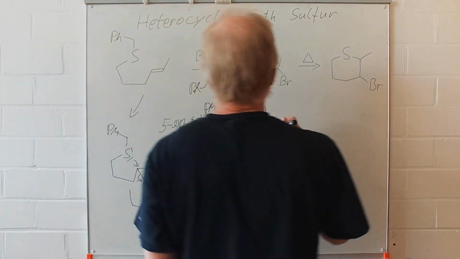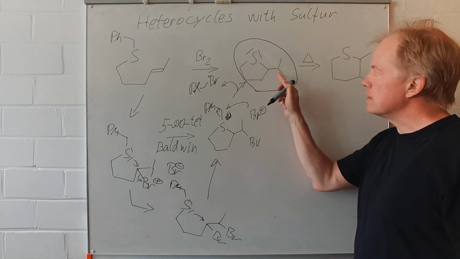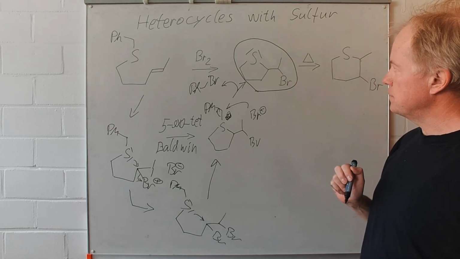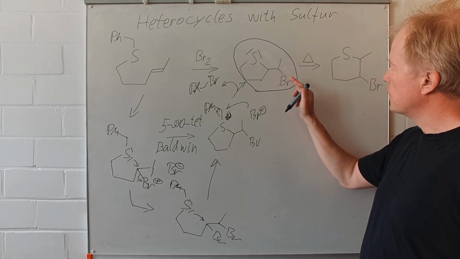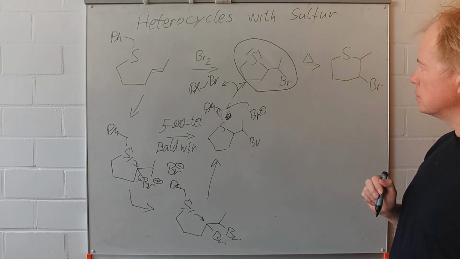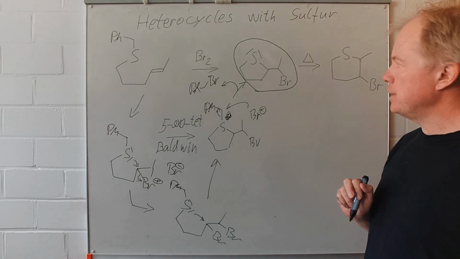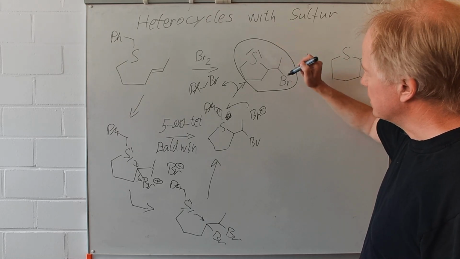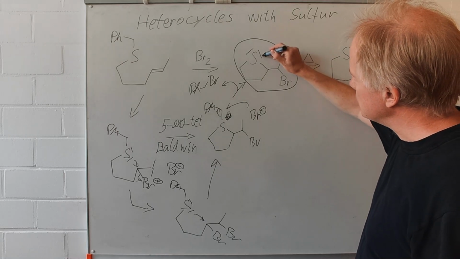So, we are now here at this stage at the 5-membered ring, and a thermal transformation is reported. How does this work? Well, the best explanation is that again an intramolecular substitution takes place.